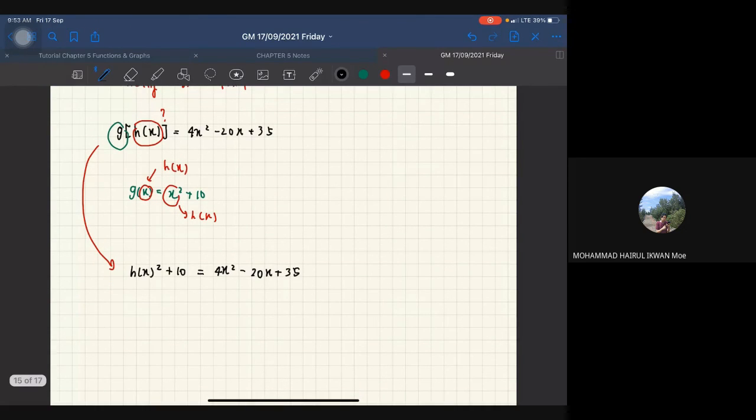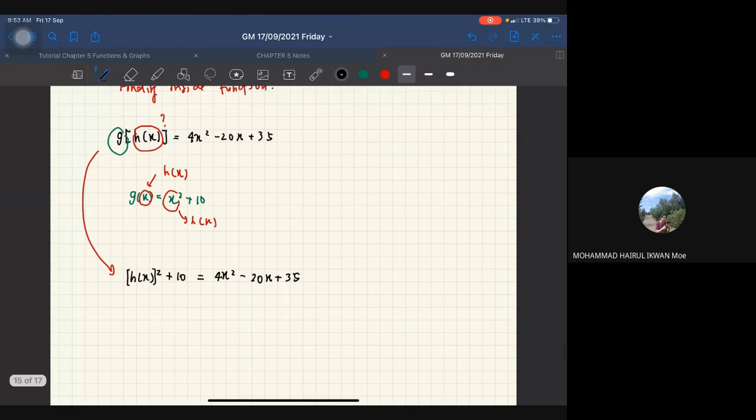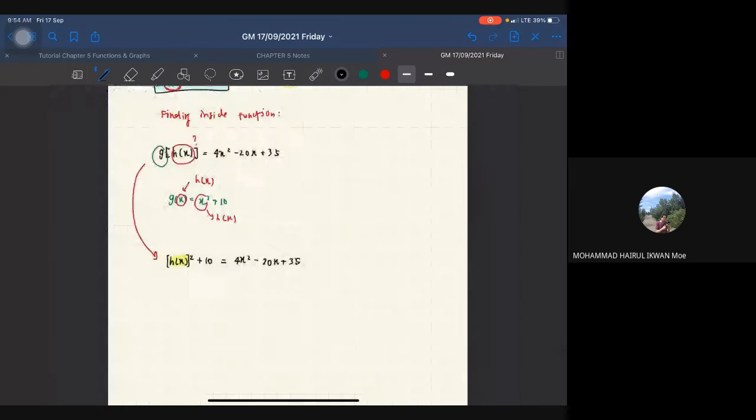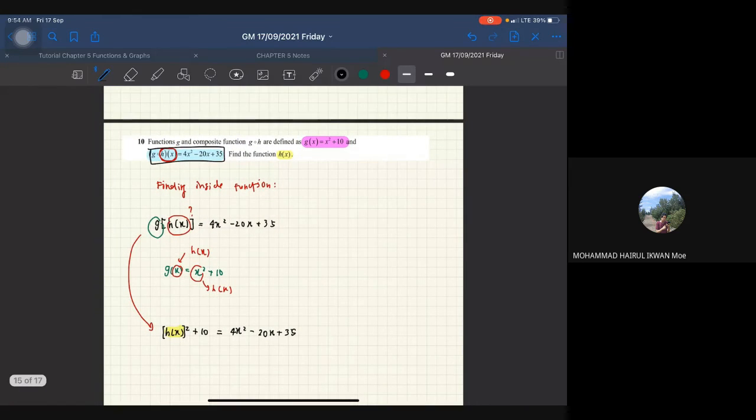Okay, so this one dia sepatutnya ada kurungan lagi kat sini. Okay, so target kita sekarang adalah kita nak dapatkan hx ni sahaja. So mana-mana yang tak berkaitan kita akan bawa dia ke sebelah kanan. Okay, so jom kita try buat. Sekejap, ni soalan nombor berapa? Lupa dah. Nombor 10, tengok sikit.